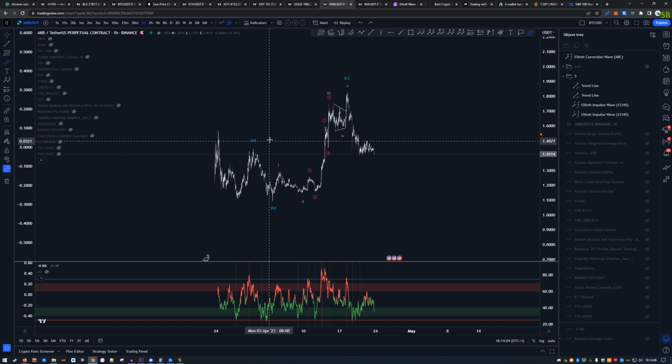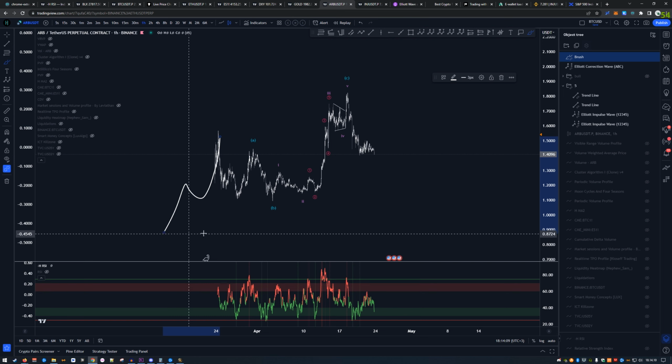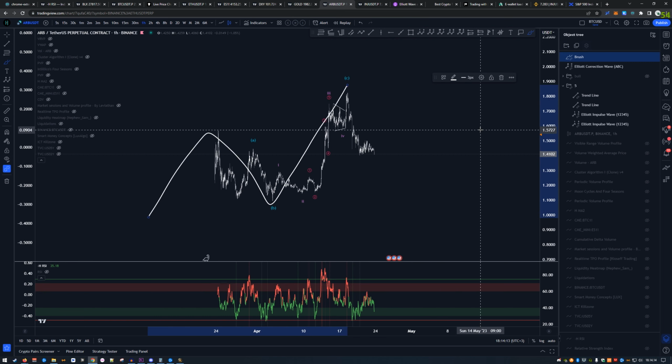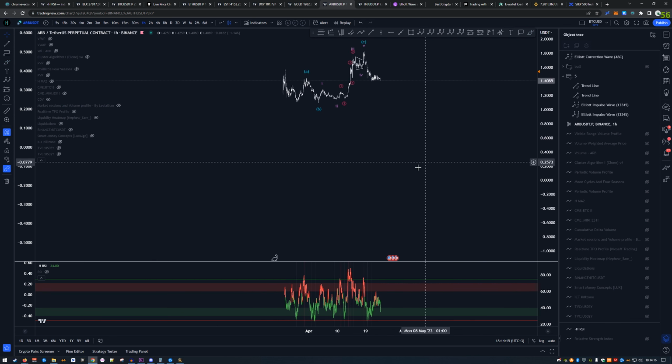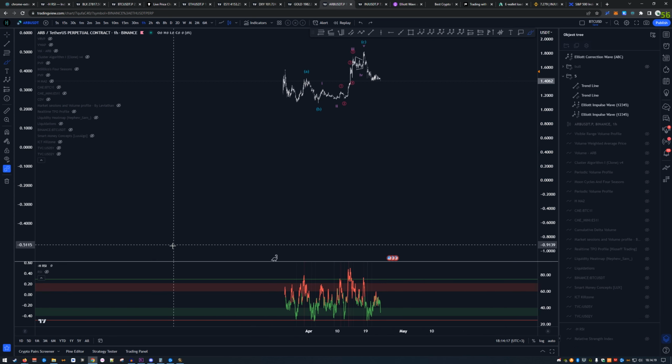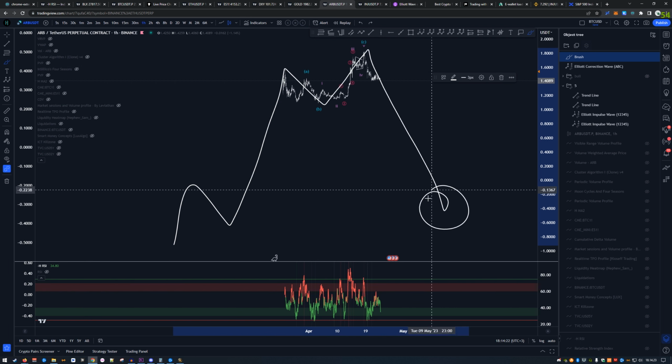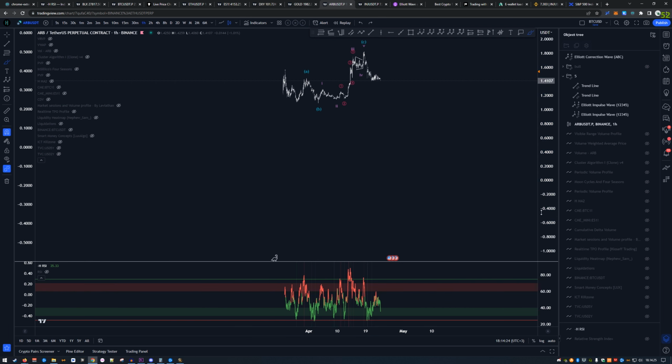Also, it could be that this structure here is part of an invisible structure that we just don't know or don't have data for. And it could be just this. Or it could be basically this, 3, 4 and 5, and now we are dumping down. Of course, we are on the negative side here, but we can be imagining that same scenario on log scale.